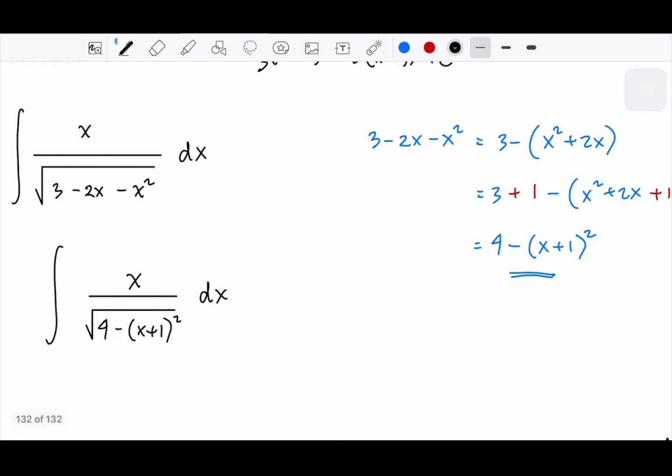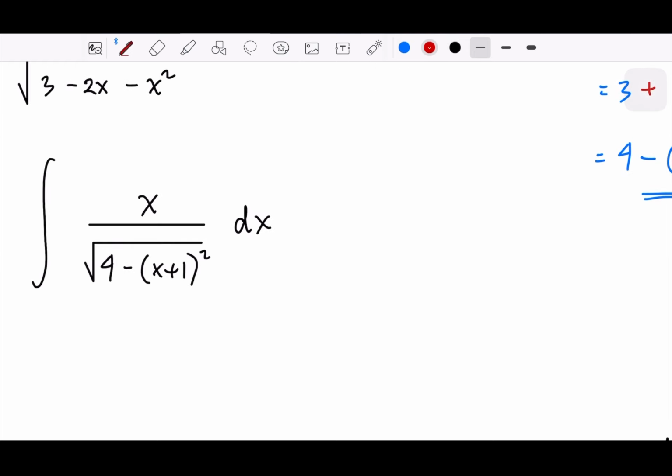If you want to make an ideal trigonometric substitution, the x plus 1 needs to be in one variable. So let's make that happen. Let this become u, so that we change everything into the variable u. So u is equal to x plus 1, so x is u minus 1.